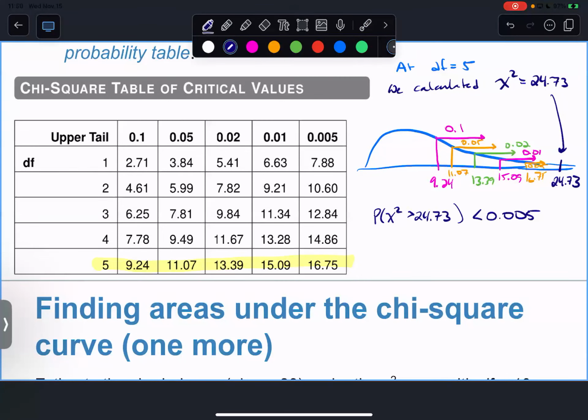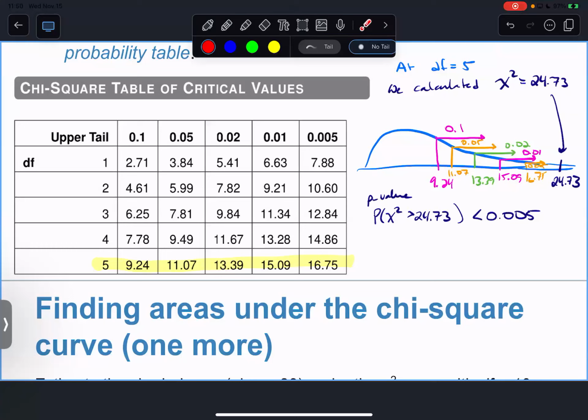It's short, writing it that way. But in terms of how you're going to write your p-value, this is your p-value. You could say, just verbally, the probability that the chi-squared is greater than 24.73, remembering that the definition of the p-value is the probability of seeing something as extreme or more extreme than what you saw.